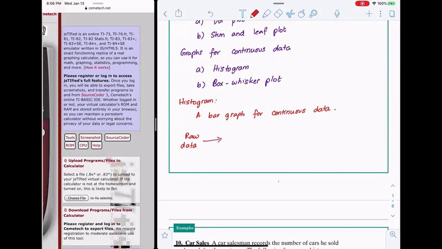And we take those observations and we put it in bins or intervals or classes. And once we put the data in bins, intervals, or classes, we would end up getting a frequency distribution.